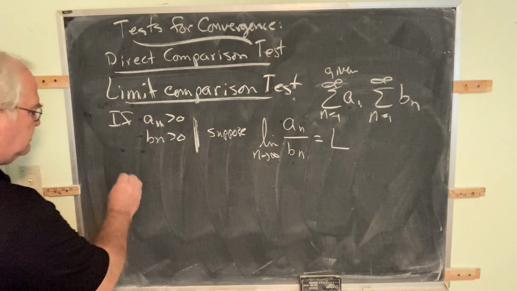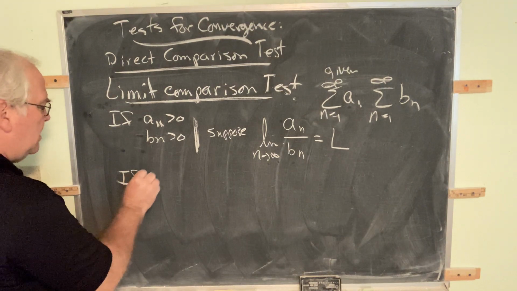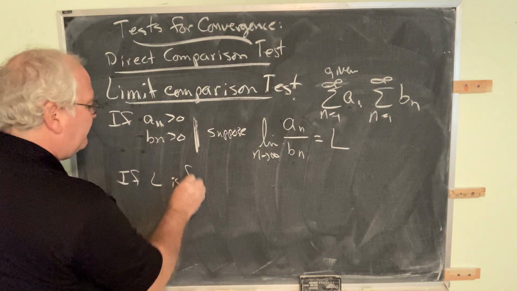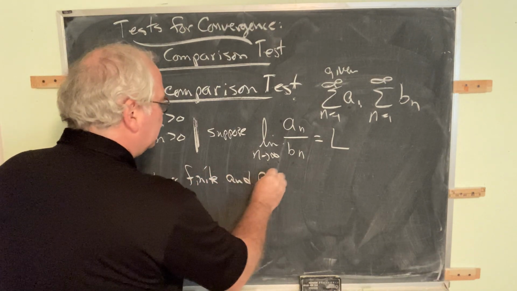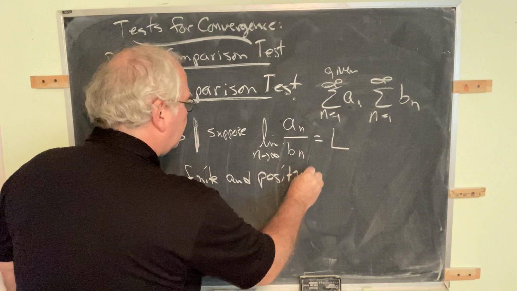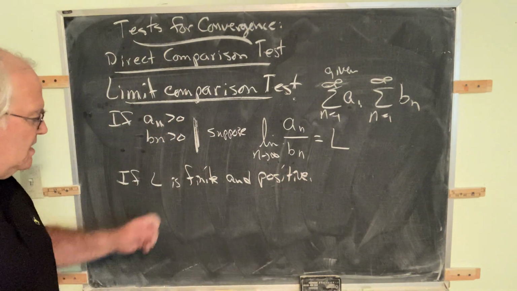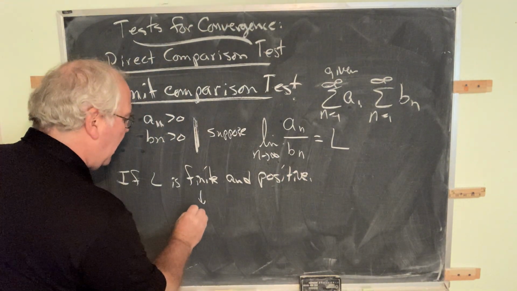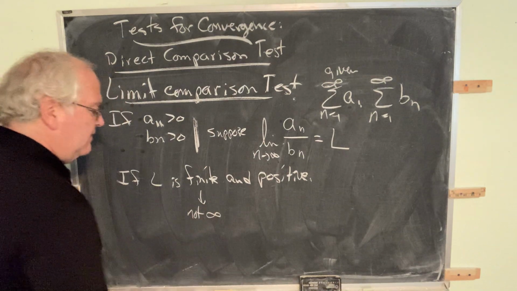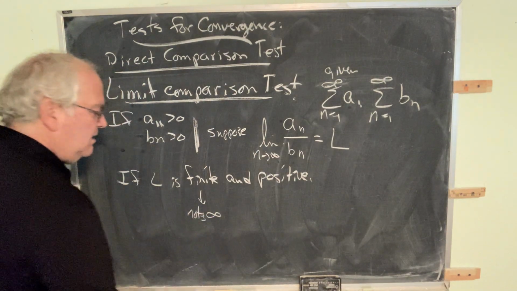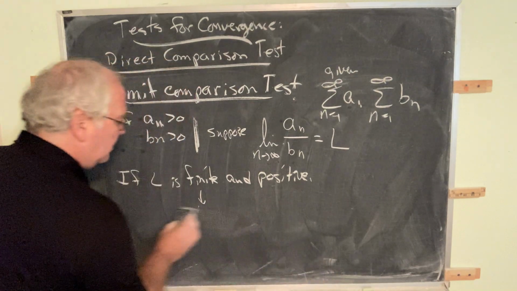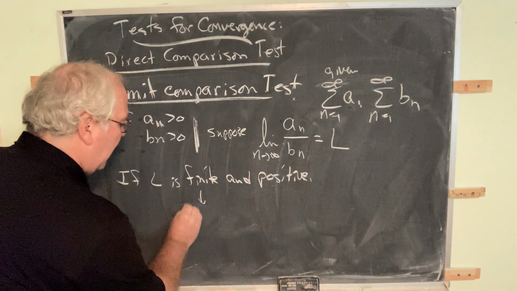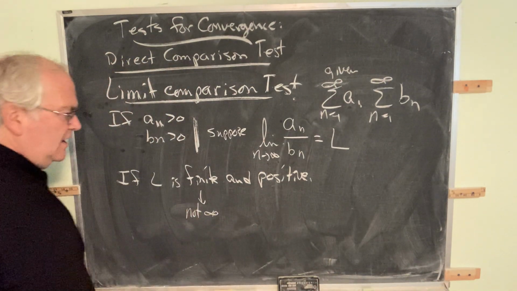Then, if L is finite and positive, which means it's neither infinity nor negative infinity. Well, it can't be negative infinity because we know it's positive valued here. So it is not infinity.